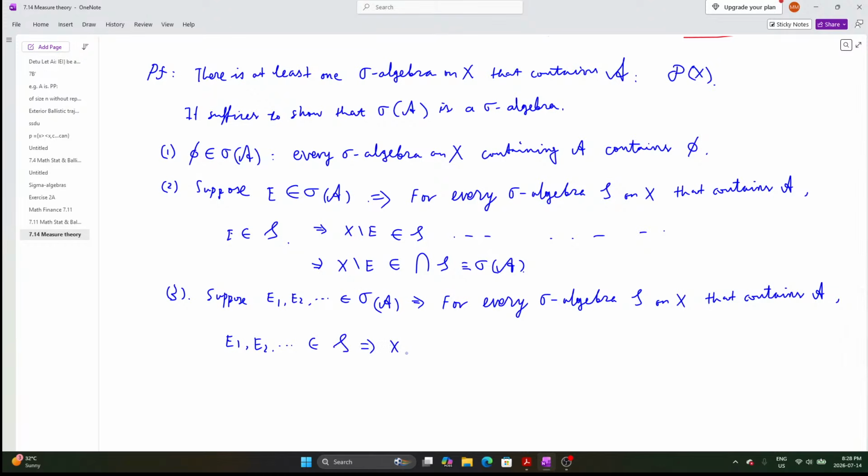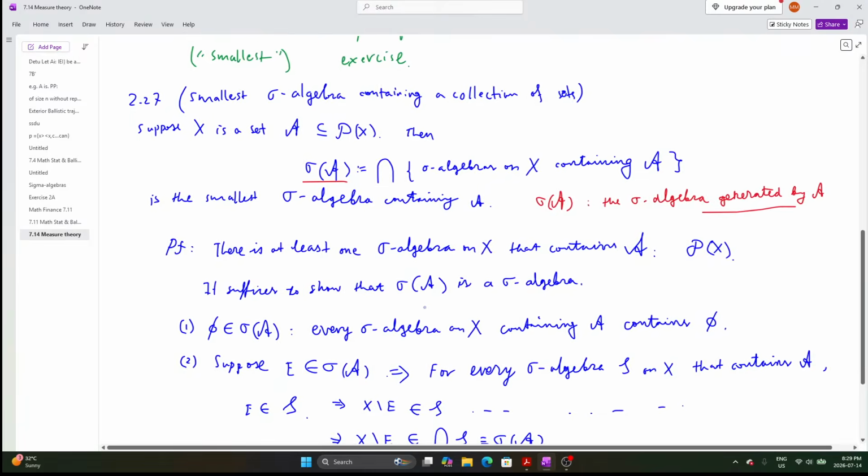We need to show the countable union is in S. So the countable union of E_k is in S, and therefore the union of E_k is in the intersection of all the S, which is the sigma algebra generated by A. So we're done. All three axioms are verified.